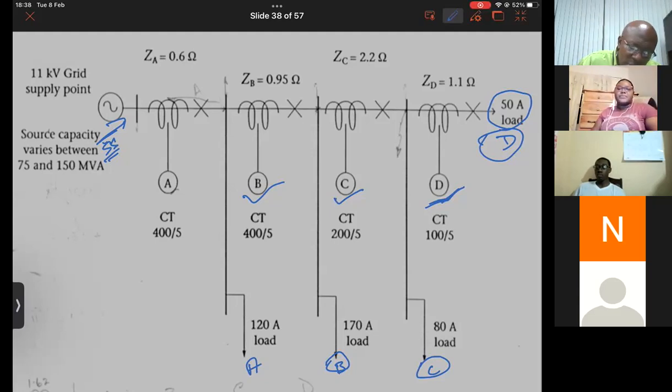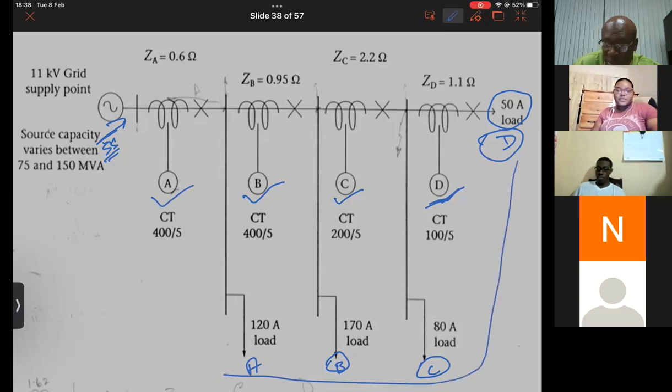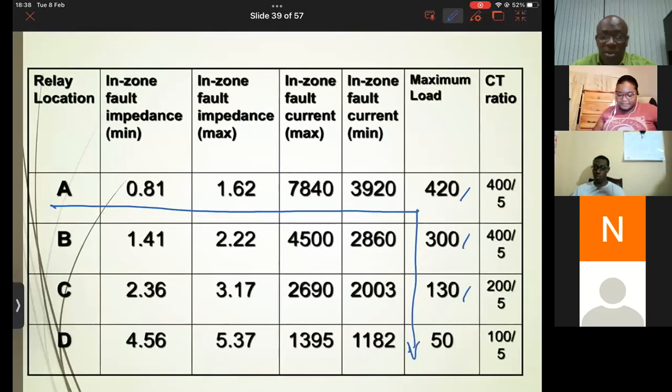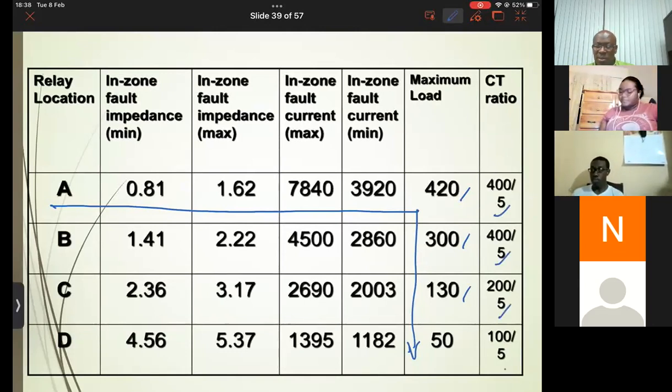And when we come to relay A, it must carry all 4 communities. So that's how we get the 50, 130, 300, 420. We were already given the CT ratios, so we're not going to change that.